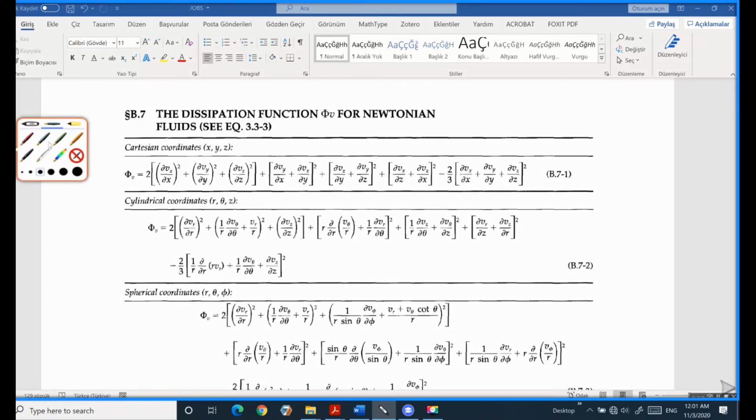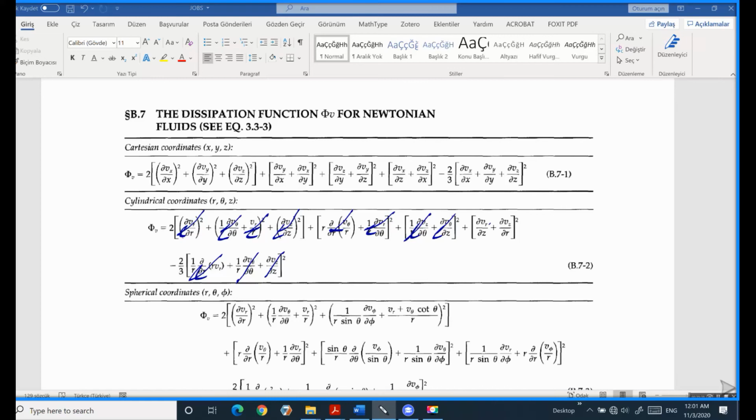This term is going to be zero because Vθ is zero. The change of Vz with respect to z is zero; we obtain that from the equation of continuity. If you remember, this is going to be zero, and this is zero.